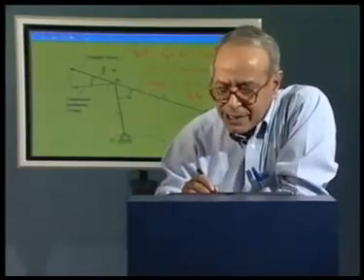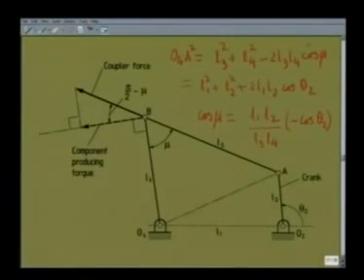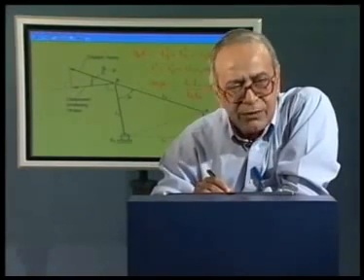For mu to be extreme, we see that values of theta 2 can be either 0 or pi, because we have to remember if this angle is more than 90 degree, then I will take pi minus this angle between the coupler and the follower as my transmission angle. Transmission angle is defined as the acute angle between the coupler and the follower.